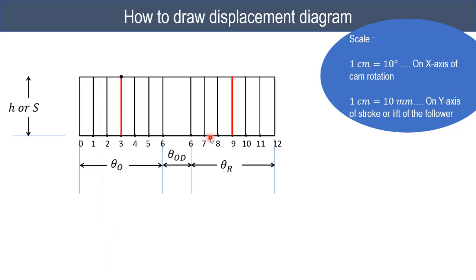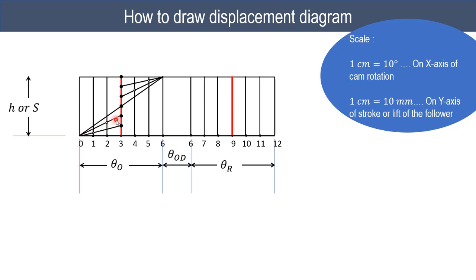So we can make a part of 0.666 and then we'll get the 6 equal parts over here. Now we'll join for uniform acceleration and retardation during the outstroke. We'll join in this particular fashion to draw the curve of uniform acceleration and retardation. So this line will intersect the first vertical line at this point.